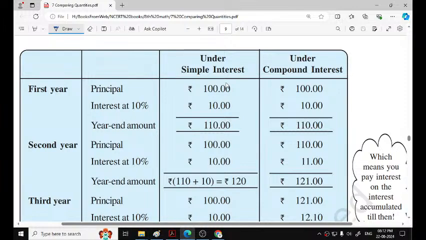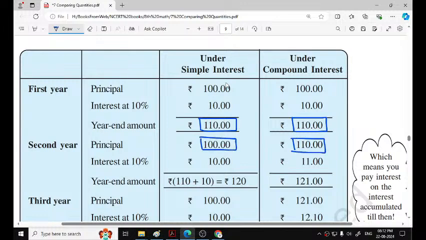But in case of compound interest, the interest amount is the same at the end of the first year for both simple and compound interest. But what happens here, this interest is added into principal, and compare these two numbers.